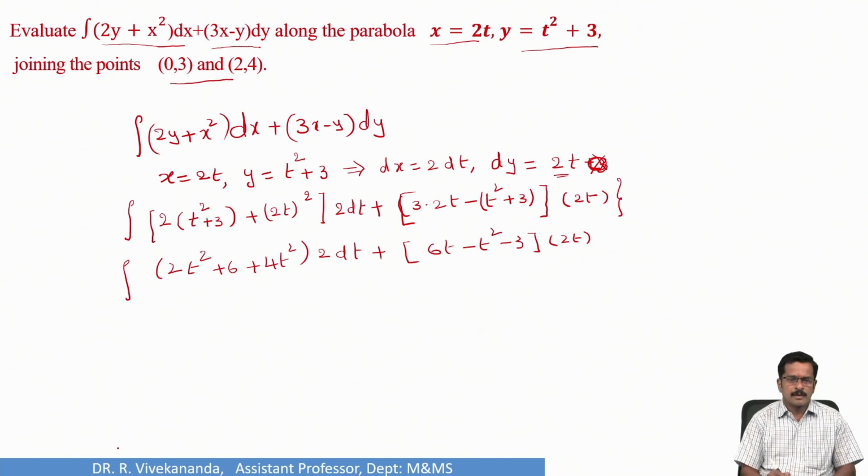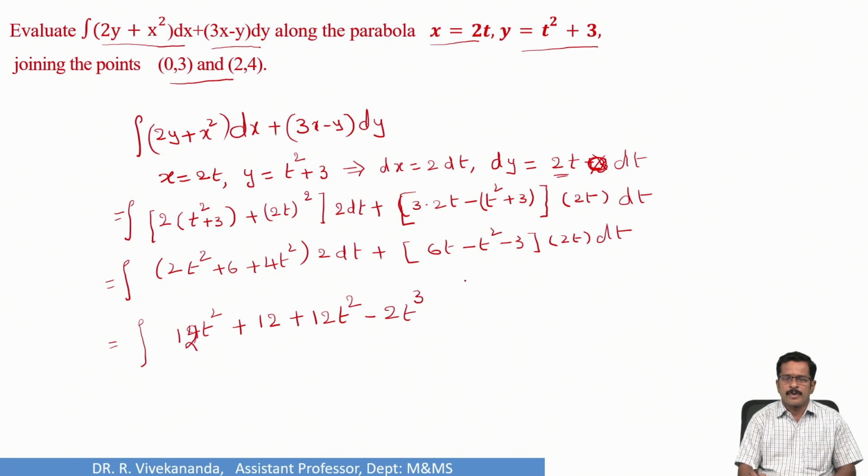Here dy equals 2t dt, which equals the integral of: 4t square on multiplying by 2 plus 4t square, 2t square plus 4t square is 6t square, into 2 means 12t square, plus 2 sixes are 12, plus 6t into 2t is 12t square, plus minus 2t cube, plus minus 3 into 2t is minus 6t, into dt.